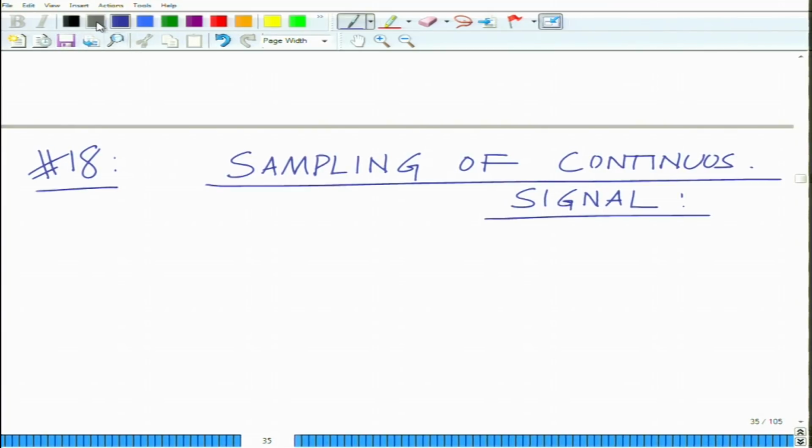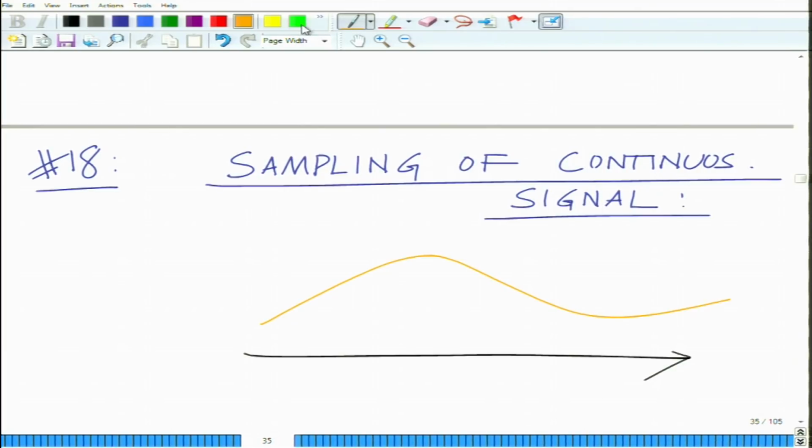Now, consider a continuous time signal which looks something like this. This is t, and this is a continuous time signal.